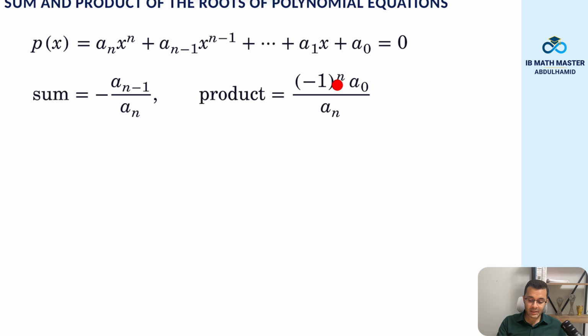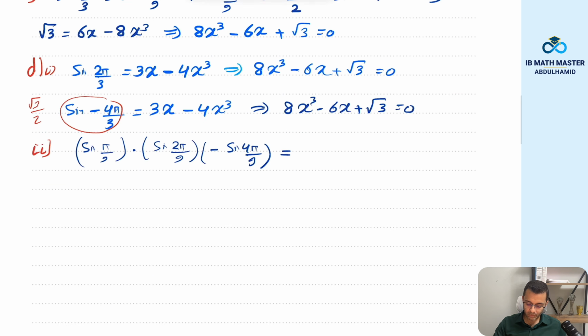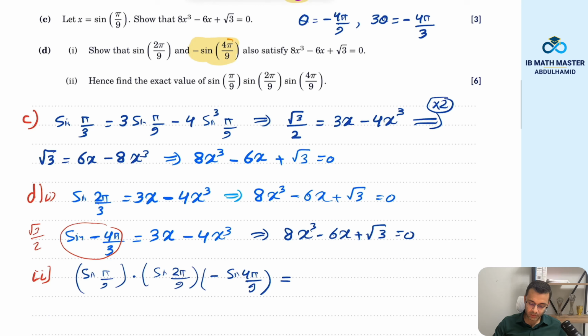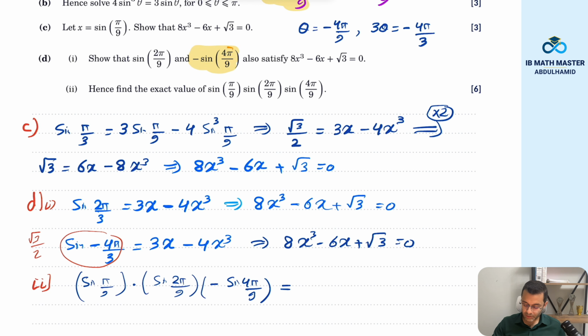Here n is the degree of the polynomial, which is in our case 3, because our function is cubic. So it would be negative 1 to the power of 3, which is negative. You divide the constant term by the leading coefficient. So here, to get the product, we have minus first. Don't forget the minus 1 to the power of 3.